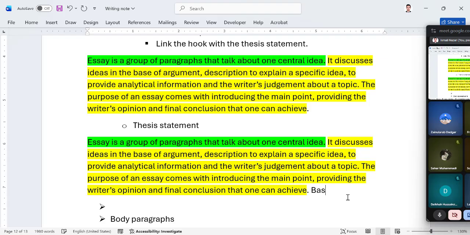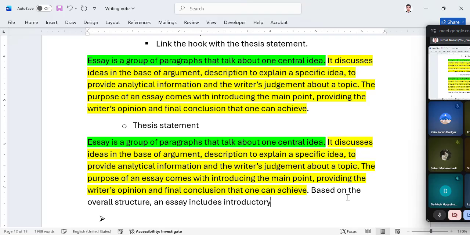Based on the overall structure, an essay includes introductory paragraph, body paragraphs, and conclusion or concluding paragraph.